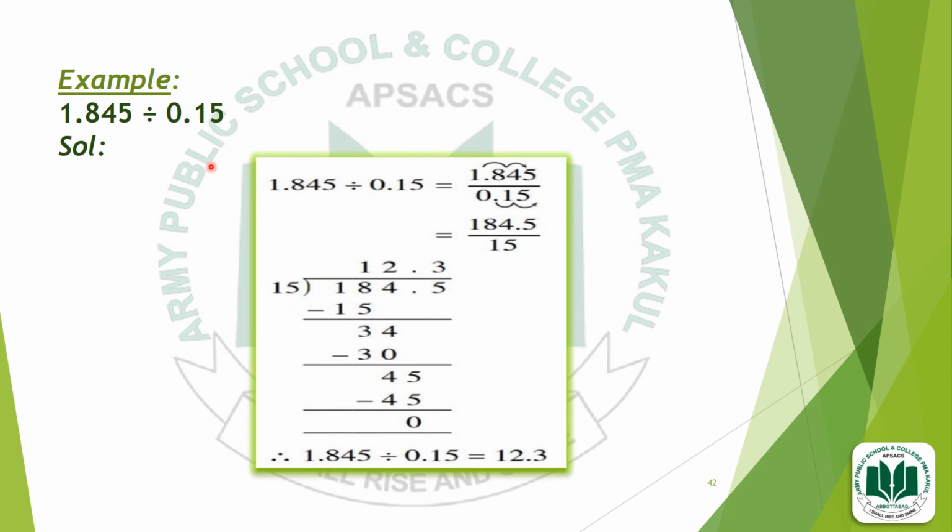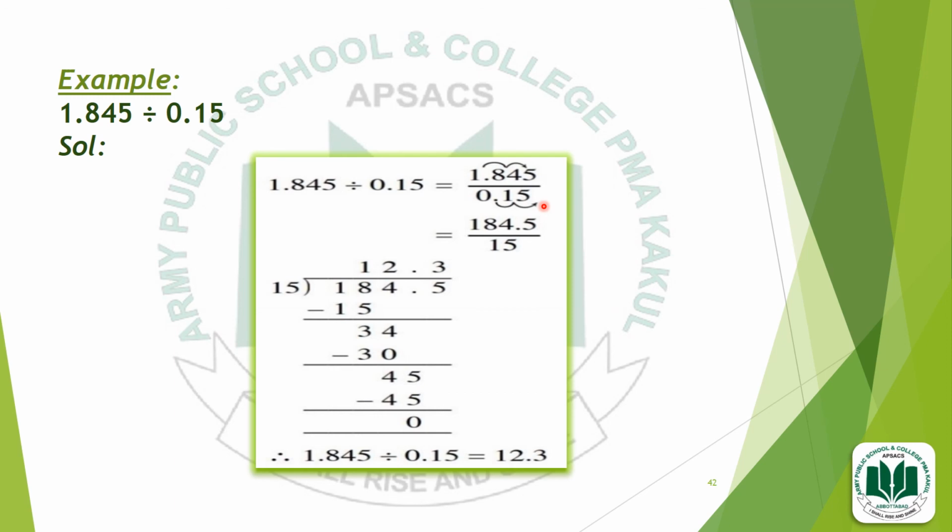Look at an example. We have to divide 1.845 by 0.15. In the first step, we move the decimal point in the denominator or divisor 2 places to the right so that we can get a whole number.